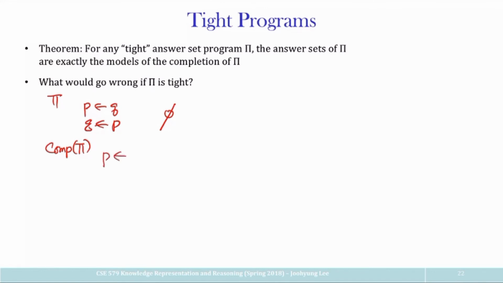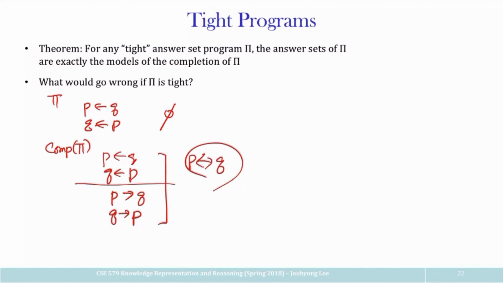So P if Q, Q if P. Now the completion is P implies Q, Q implies P. So this is the same as just P is equivalent to Q. What are the models of this? The empty set is one model, but also PQ. Okay, so there is a mismatch.